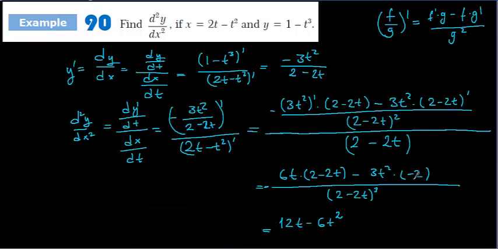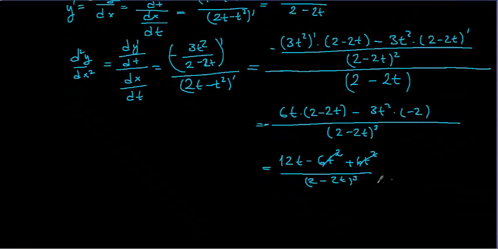Here minus 3t squared times minus 2 plus 6t squared, over (2 minus 2t) cubed. When you simplify, the answer is equal to 12t over (2 minus 2t) cubed.